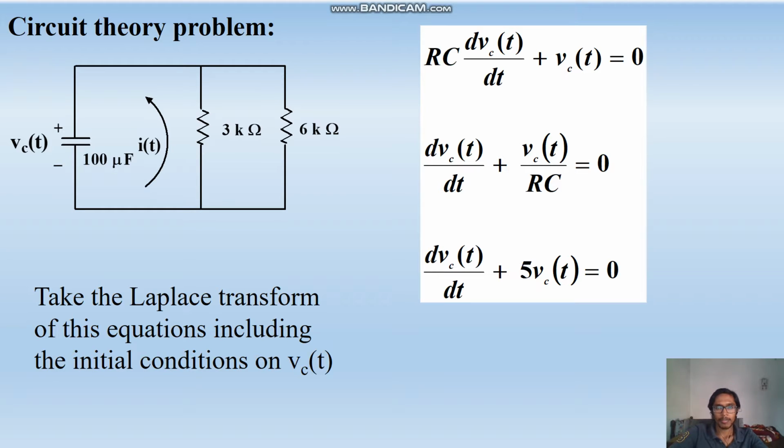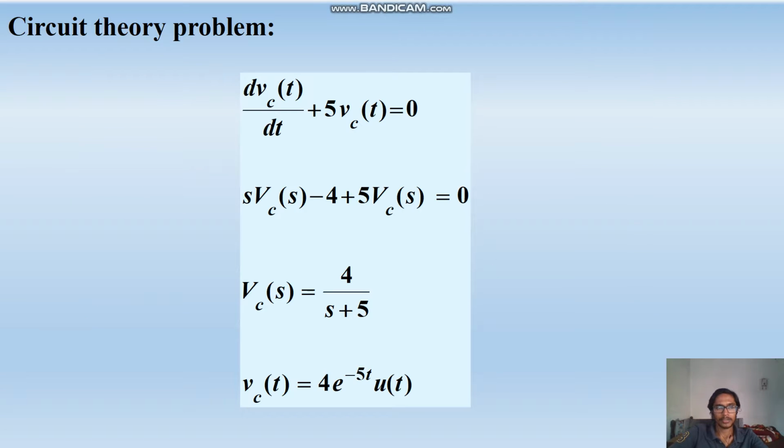Now we can take the Laplace transform with the initial condition of vc, and then we get this equation: s Vc(s) minus 4 plus 5 Vc(s) is equal to 0. Then we get Vc(s) equal to 4 upon s plus 5. Now we can take the inverse Laplace transform of Vc(s), and we get vc in the time domain: 4 e to the power minus 5t u(t).